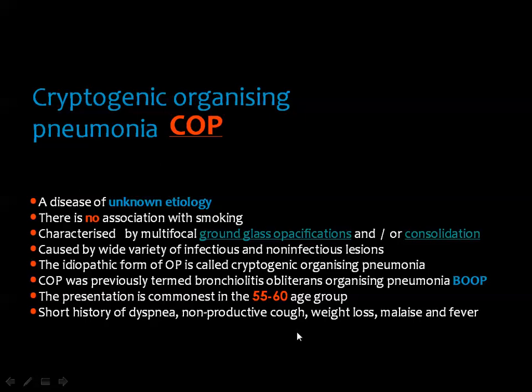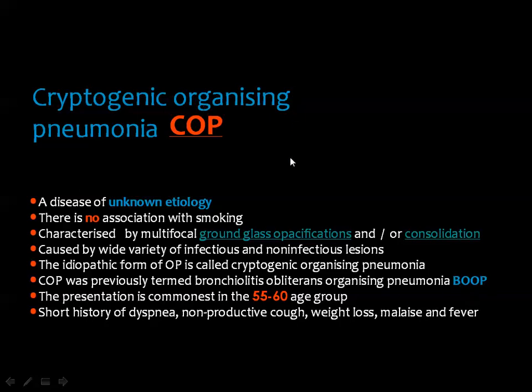And this organizing pneumonia, if it is idiopathic with no known underlying cause, is known as cryptogenic organizing pneumonia, and it was previously termed bronchiolitis obliterans organizing pneumonia, or BOOP. This is the old name of this disease.